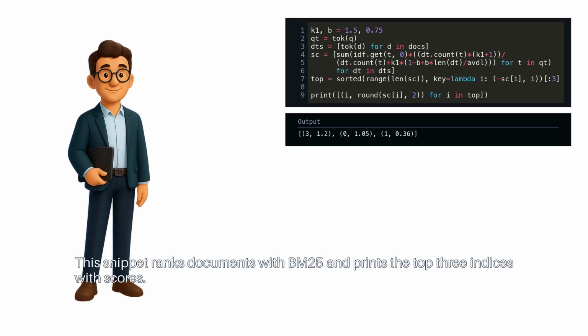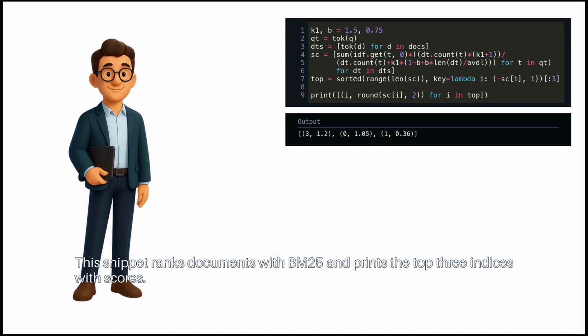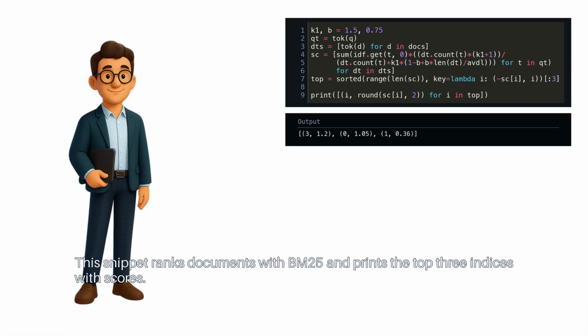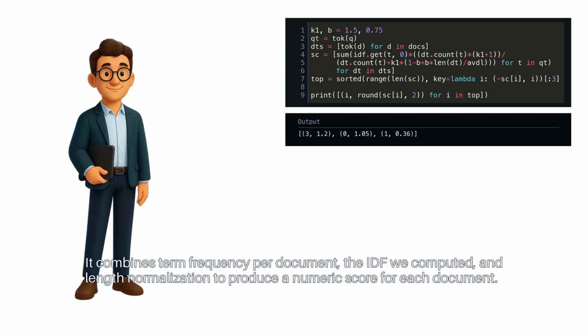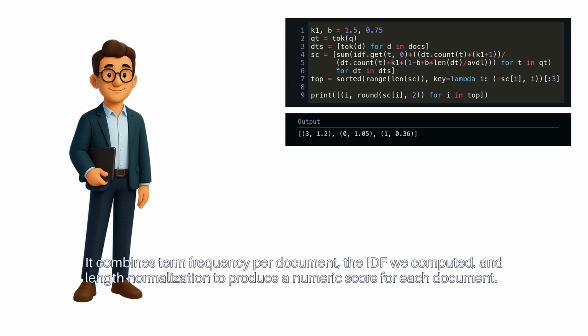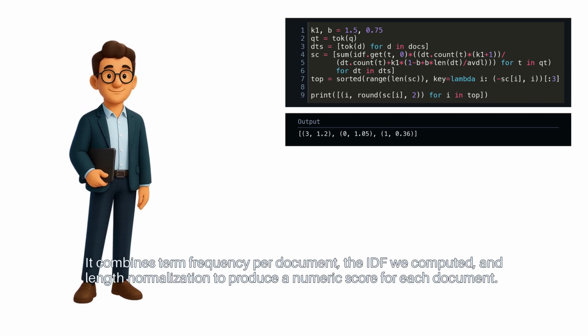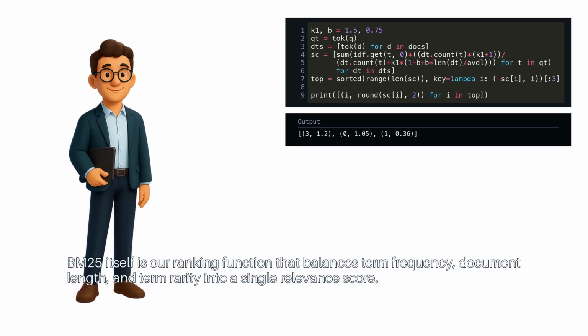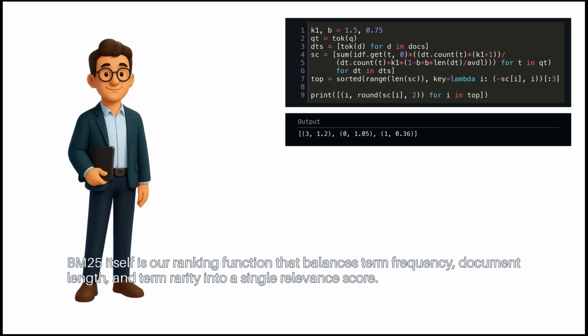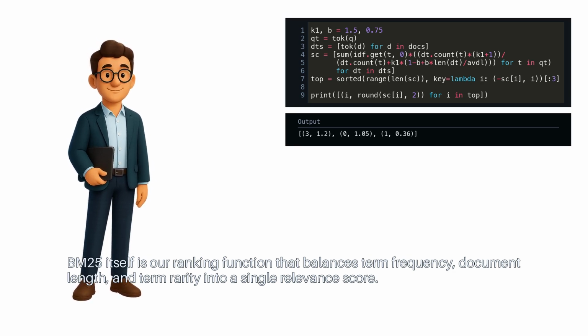This snippet ranks documents with BM25 and prints the top 3 indices with scores. It combines term frequency per document, the IDF we computed, and length normalization to produce a numeric score for each document. BM25 itself is our ranking function that balances term frequency, document length, and term rarity into a single relevance score.